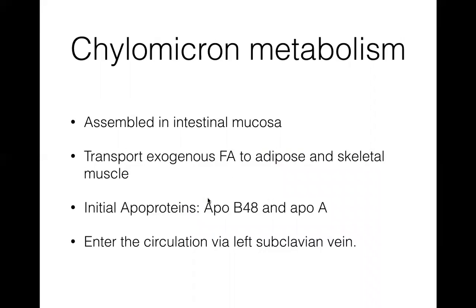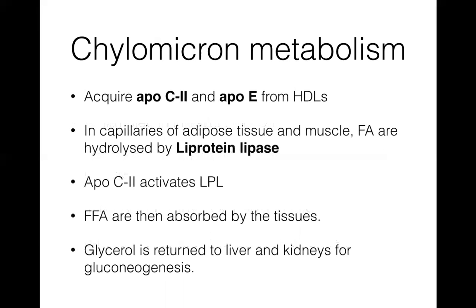The initial apoproteins are ApoB48 and ApoA, initially secreted into the lymphatics but eventually will enter the circulation via the left subclavian vein. Now, in circulation, it will acquire ApoC2 and ApoE from HDL. In the capillaries of adipose tissue and muscle, fatty acids are hydrolyzed by the enzyme lipoprotein lipase.